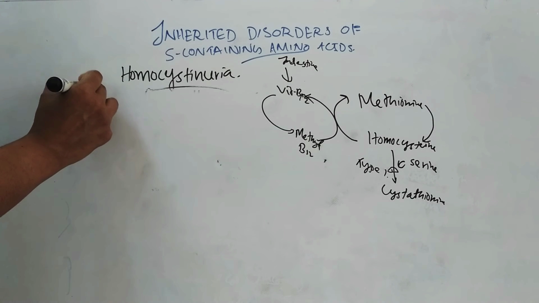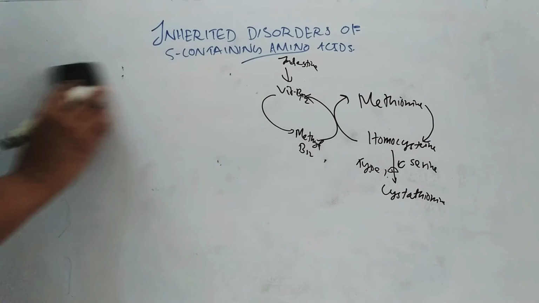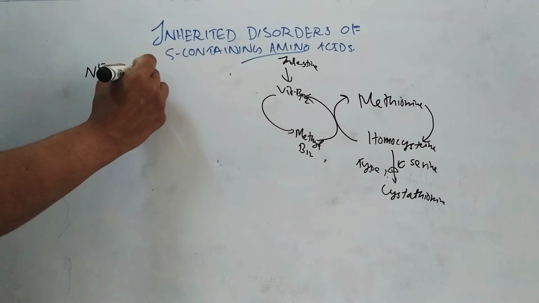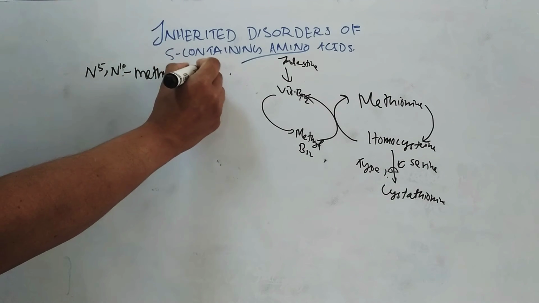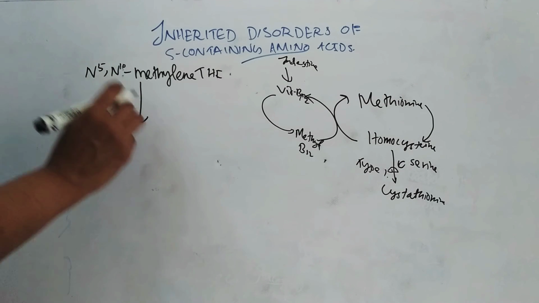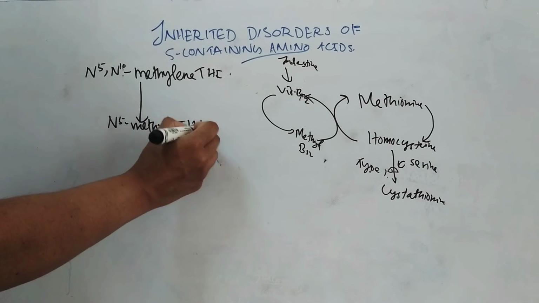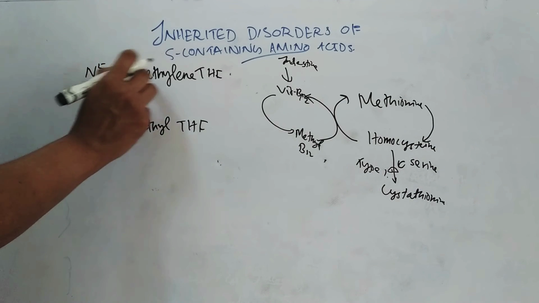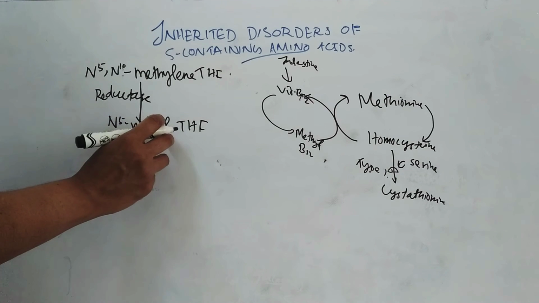Here N5,N10 methylene tetrahydrofolate, methylene THF, can be converted to N5 methyl THF by the enzyme N5,N10 methylene THF reductase, and it forms N5 methyl THF.